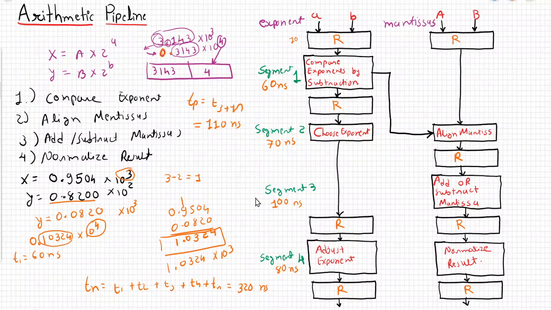If we take the ratio of 320 to 110, we get 2.9, which is almost 3. So if we implement any circuit with an arithmetic pipeline, it will be 3 times faster compared to the non-pipeline system.